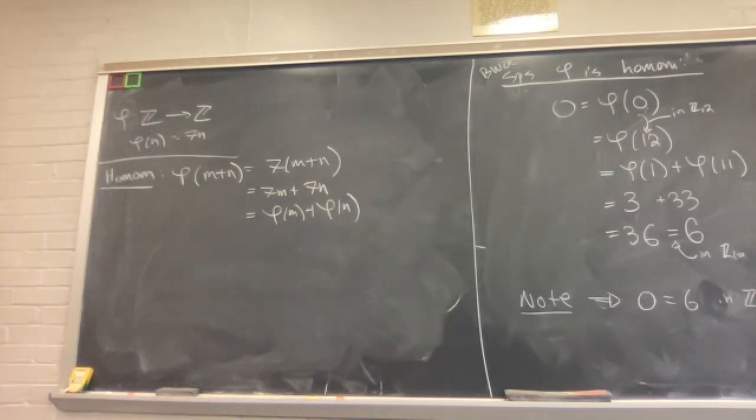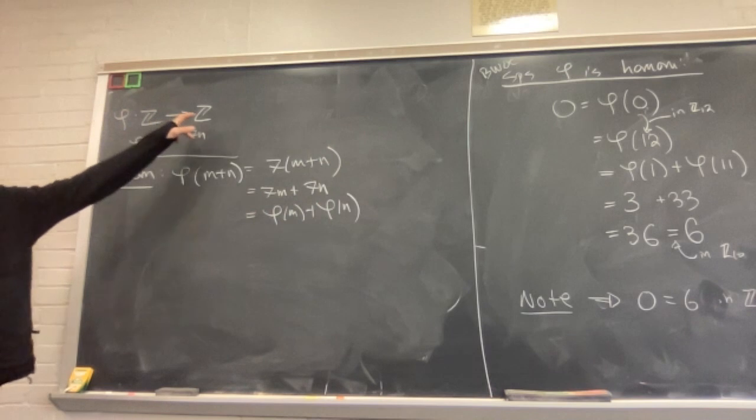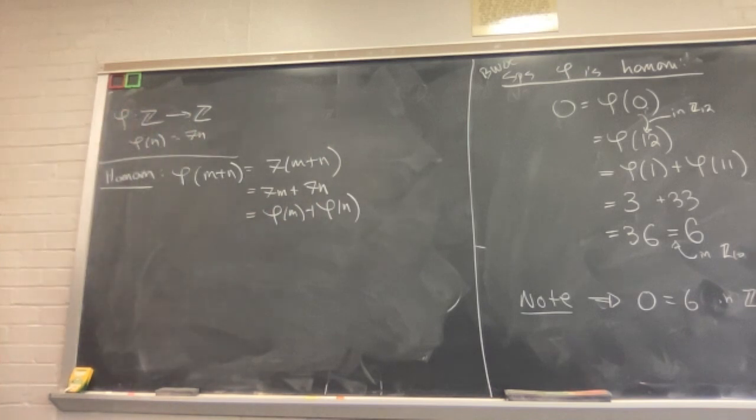Notice that there's nothing that can go wrong with the order of elements here because this is an infinite cyclic group. Everything has infinite order, and this is also an infinite cyclic group. Everything has infinite order. So this problematic thing that we had before can't happen now. So it is a homomorphism. We're good. And that just uses the distributive rule from elementary school.